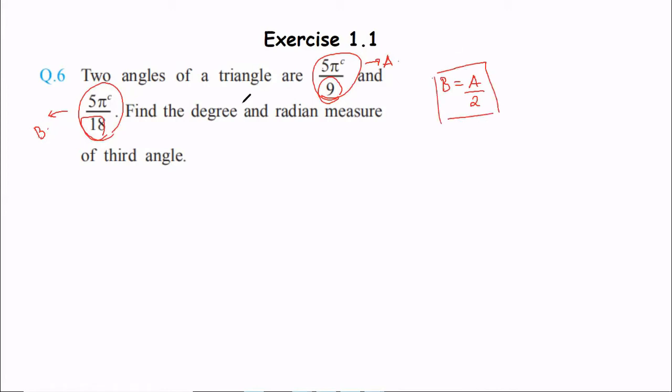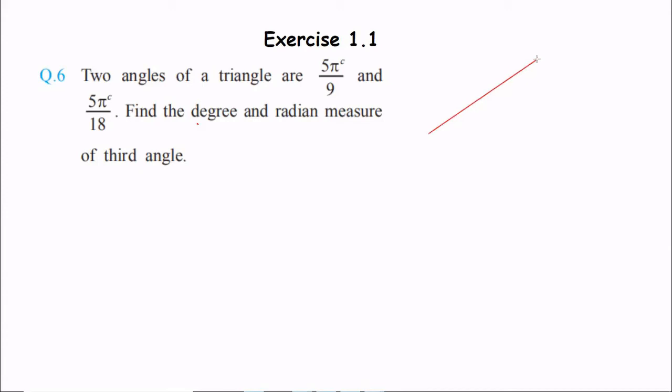Okay. So starting with this, we need to find the degree and radian measurement of the third angle. So it's quite similar to that of the previous question. You can draw a random triangle just for your understanding. A normal triangle, not considering the nature of the triangle, let it be right angled or scalene or isosceles, it's fine.